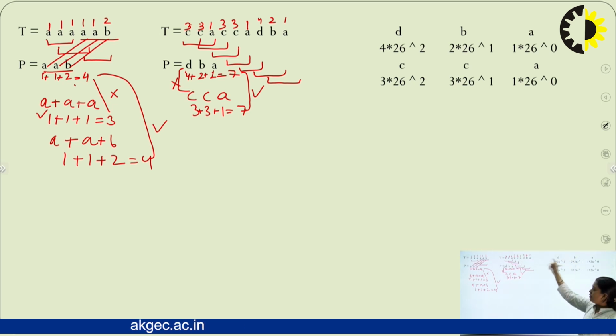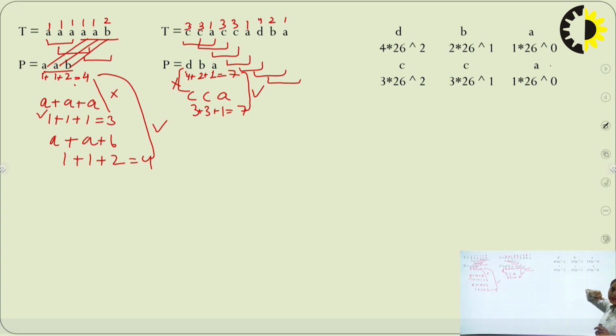Instead of just a cumulative sum, we take powers. Why do we take powers of 26? As we know, there are 26 alphabets in our letter table. So 26 power 0, 26 power 1, 26 power 2, multiplied by the place value of the particular character, and then the cumulative sum of these values.